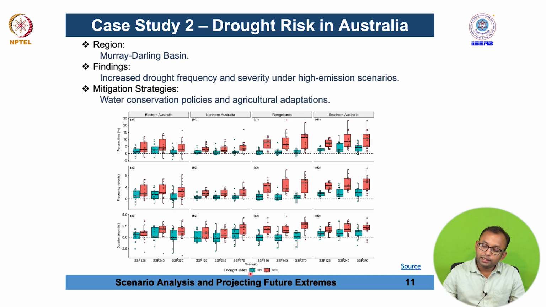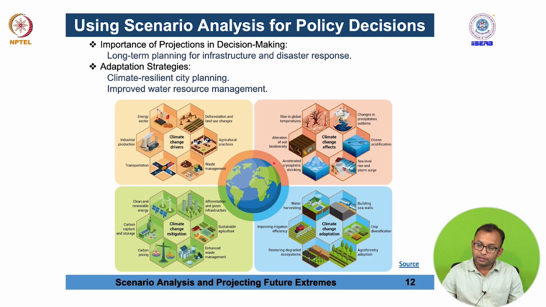SPI generally defines meteorological drought conditions, and SPEI generally defines hydrological drought conditions. When we compare the results based on SPI and SPEI, it tells us that in all future scenarios, especially higher emission scenarios, drought is likely to increase, and therefore there is a high chance of more frequent drought events in those regions. This is the case study of the Murray and Darling Basin.